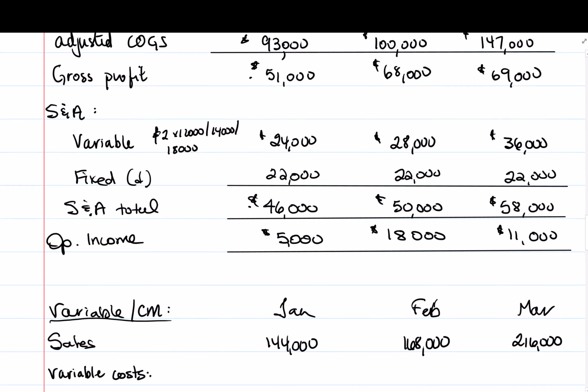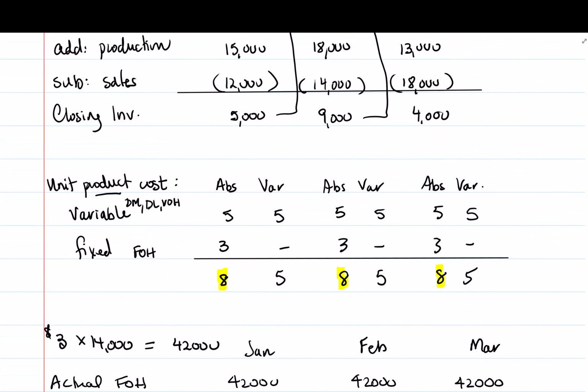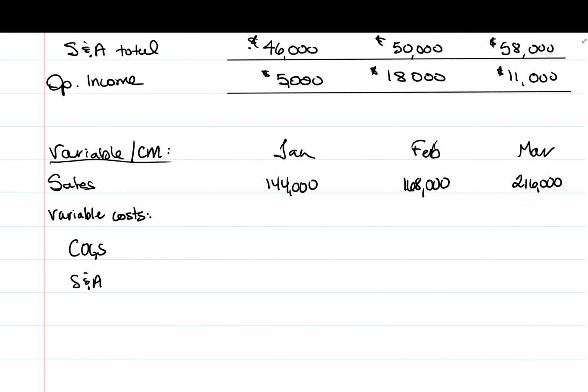We already noted in our table above that every month it is the same, and it's $5 for our variable costing, so $5 per unit. Each month, again, that didn't change, so you can just use the short form. What do we have? Sales of 12,000, sales of 14,000, and then sales of 18,000.